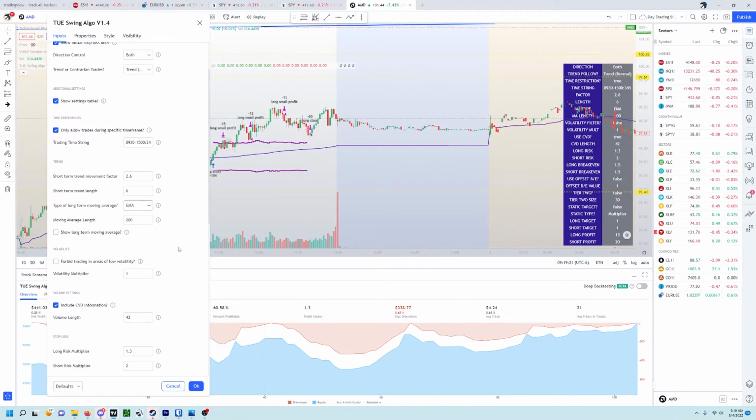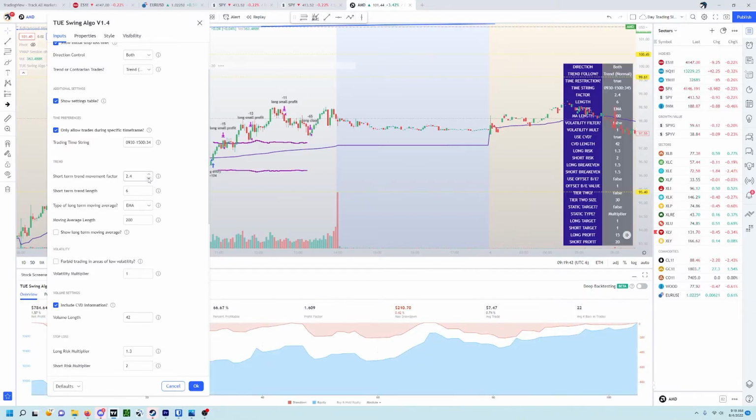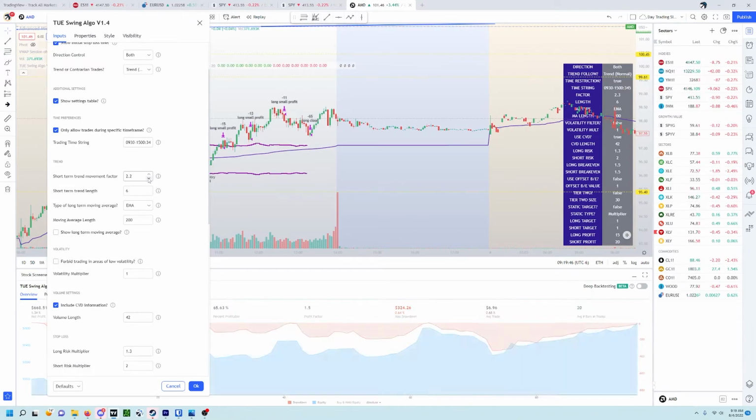Now remember, one of the things that we're looking at here is profit factor. So we want to adjust this to get the highest profit factor. Normally on these lower time frames, working here on the 3-minute, we're going to want a lower number. So let's move this down, and we're going to watch what happens to the profit factor. It's going up a little bit. And don't be afraid to skip way down here.